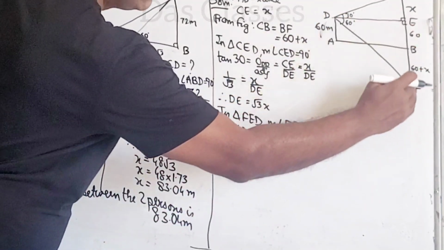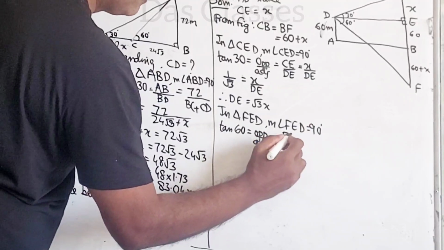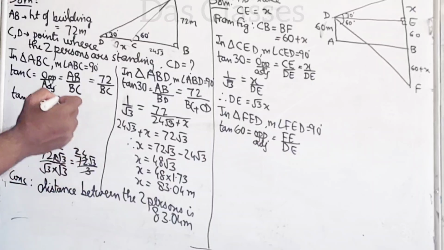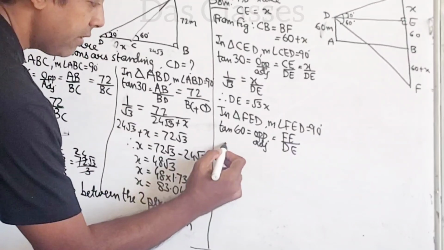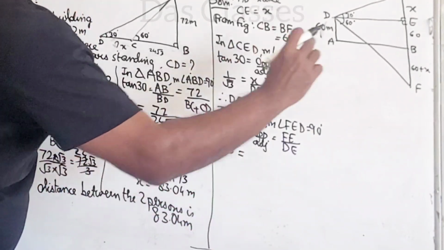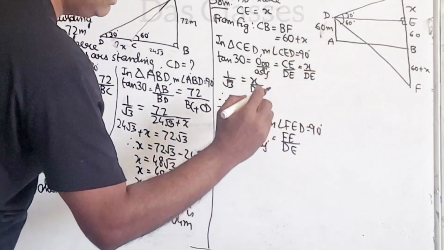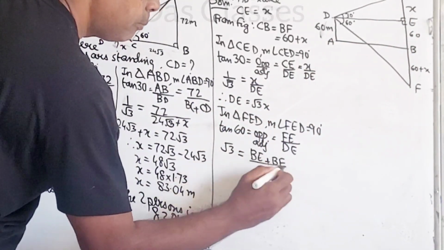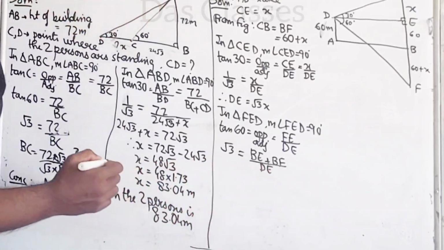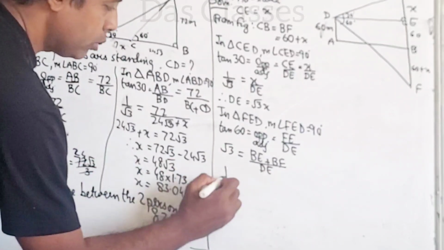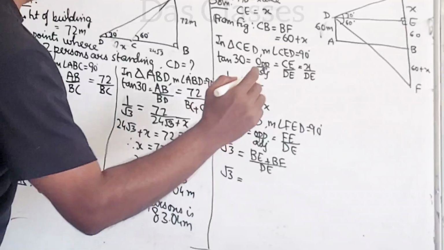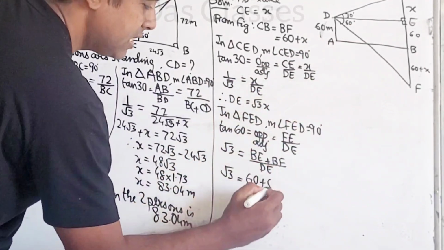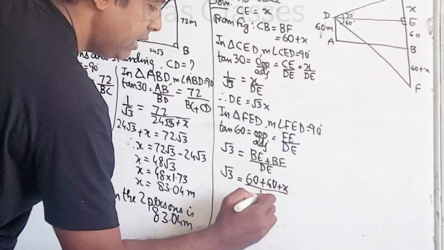Opposite side is FE and adjacent side is DE. Tan 60 standard value is root 3. FE is made up of FB plus BE, or I can write it as BE plus BF upon DE. So root 3 will be equal to BE, which is 60, plus BF, which is 60 plus X, upon DE.